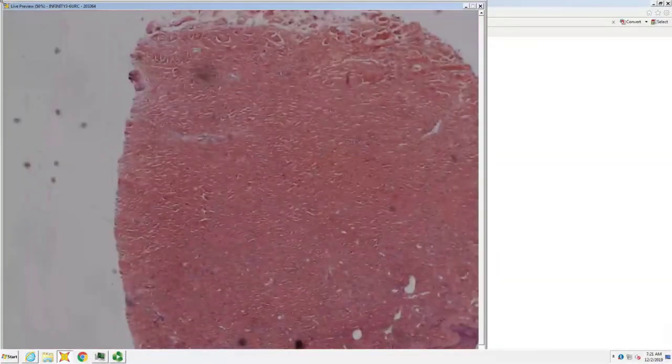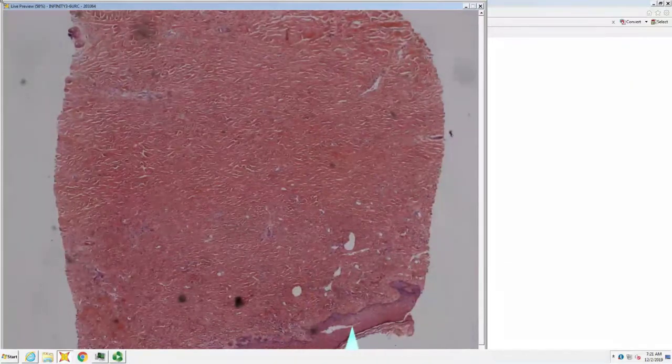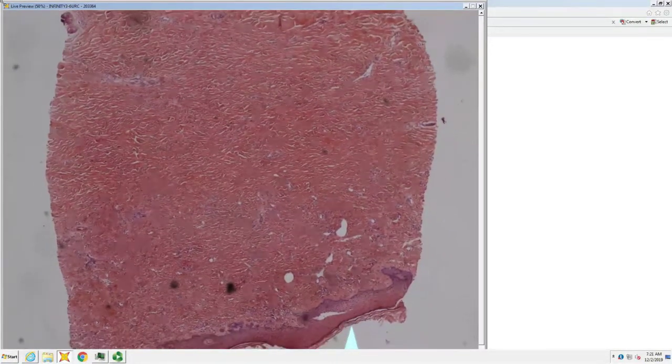Yeah, so there's certainly overlying acanthosis, and if you have a fibrous tumor with overlying acanthosis, you've got a fairly good bet that it's dermatofibroma to begin with.